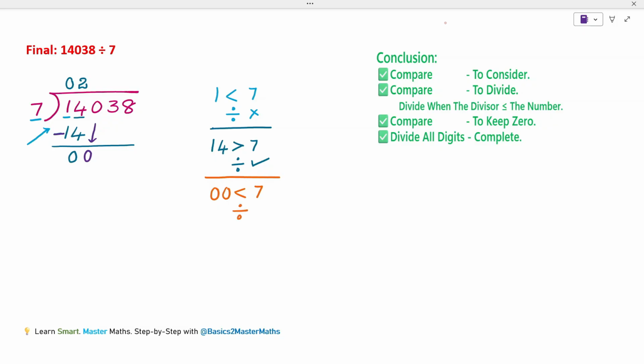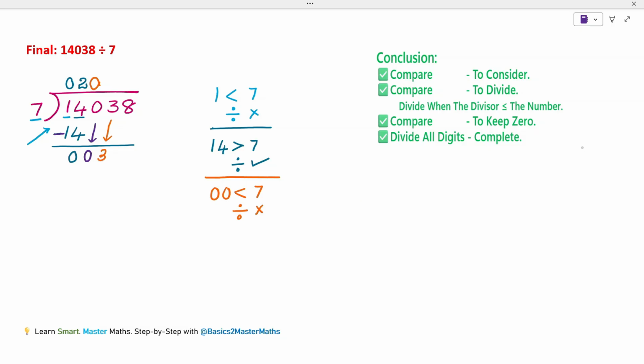Hence, you cannot divide. Therefore, keep 0 in the quotient and bring down the next digit. Here, bring down 3.